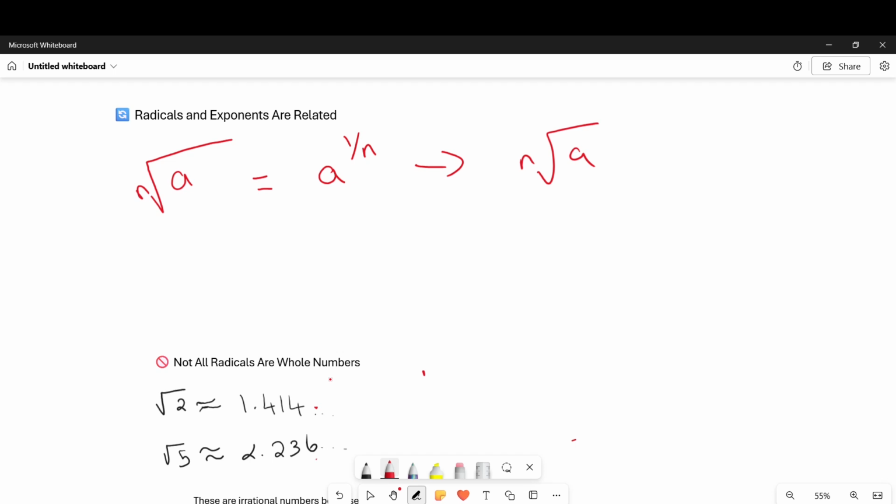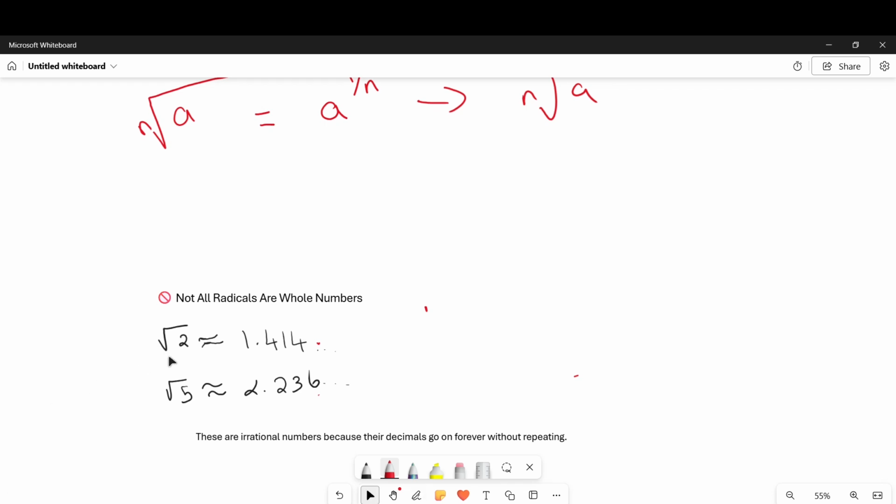If we take the square root of 2, it's not a whole number, it becomes a decimal number. Square root of 5 is also a decimal number. So not every value has a perfect root. We call this an irrational number. It is not a perfect number, and the decimal continues like this.